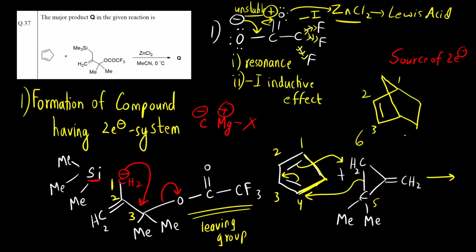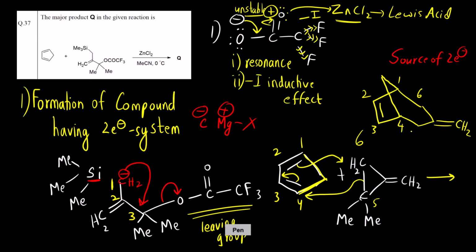1, 2, 3, 4, 5 and 6. What else has happened? Between 5 and 6 there is no bond; this bond is broken. And then there is the double bond CH2.